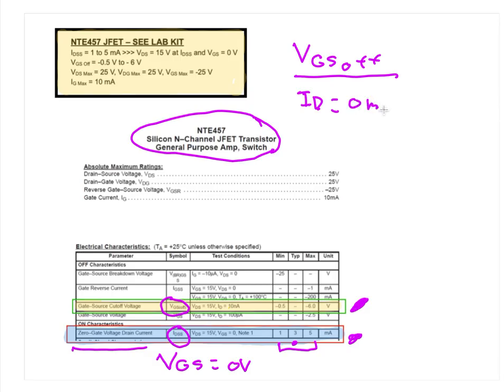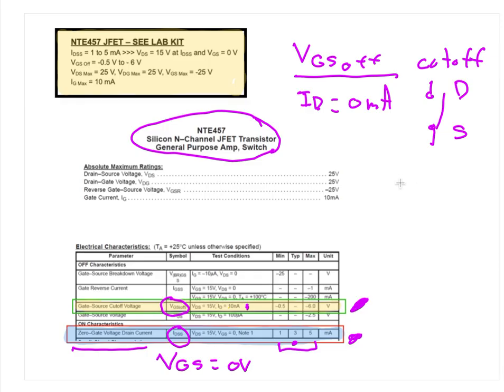Now there is some leakage current, see where it says 10 nanoamps. So this is the cutoff point, and this is where the JFET acts like an open switch. So the current is 0.